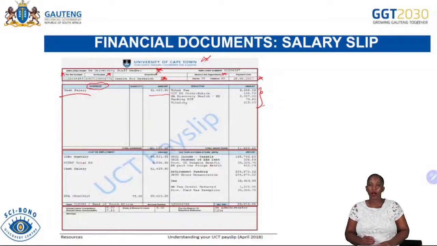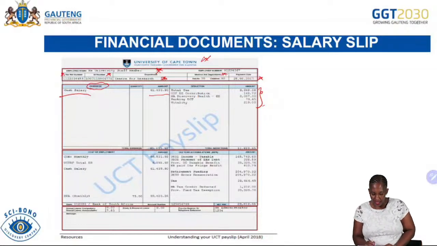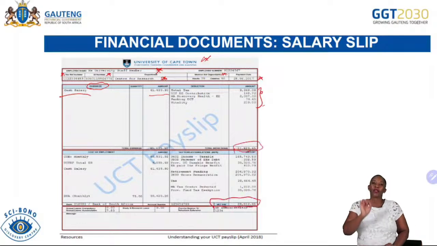How much is being paid, how much is being deducted, and then how much is left, which is the net pay. It will even say it here. These are the deductions, the 11,000. Now the net pay is indicated here. This is what will be deposited in their bank account.